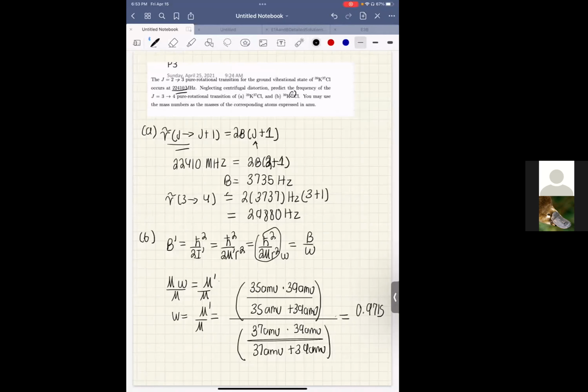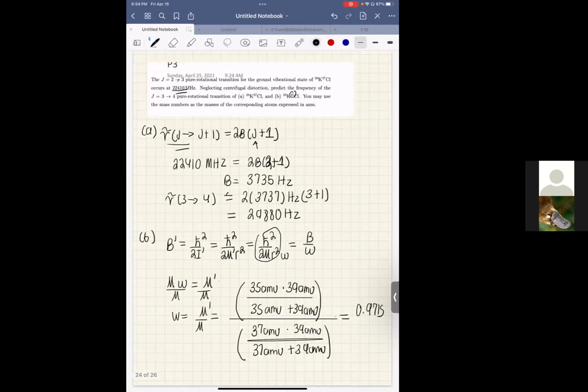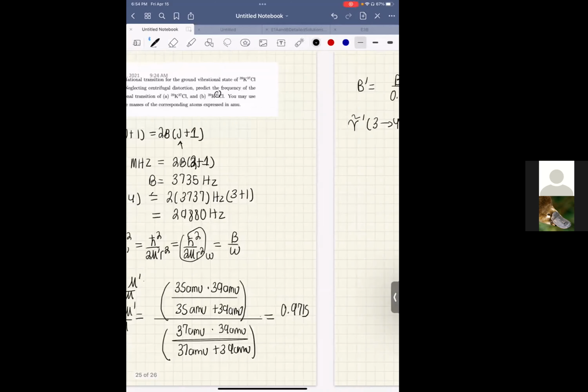So let's solve for the new ν of 3 to 4, which is equal to (J plus 1) times B, and then that's equal to, oh, 2B.